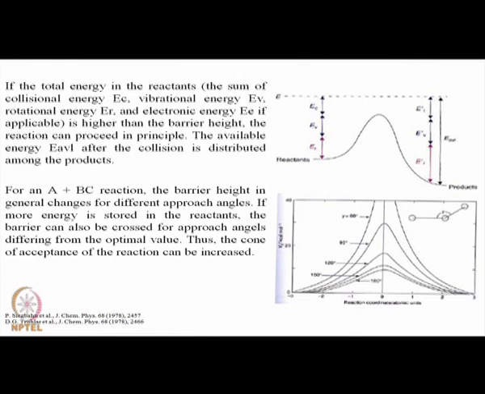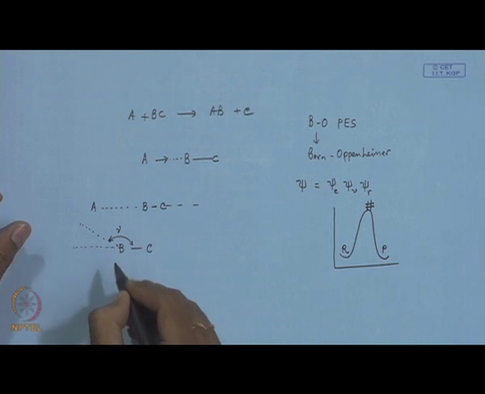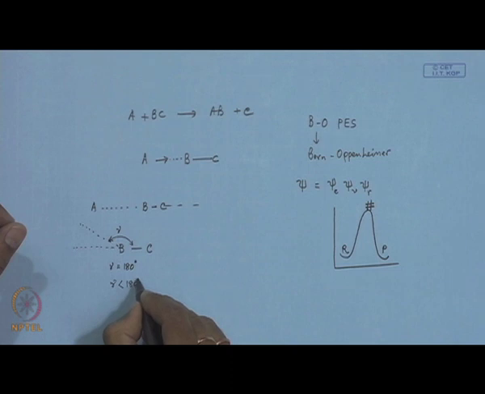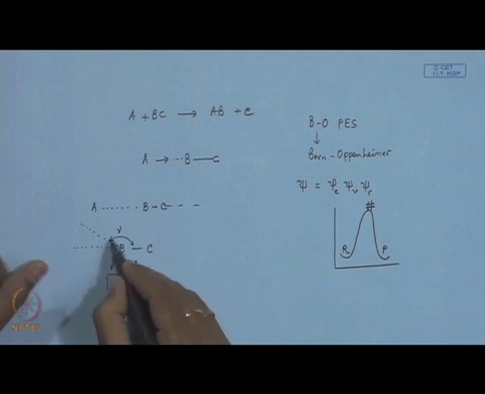Okay. So, suppose this is your optimal angle, say gamma is equal to 180 degree, then in another case, if gamma is less than 180 degree, what is happening is that maybe you need more energy to overcome this barrier, that is, the barrier is more.